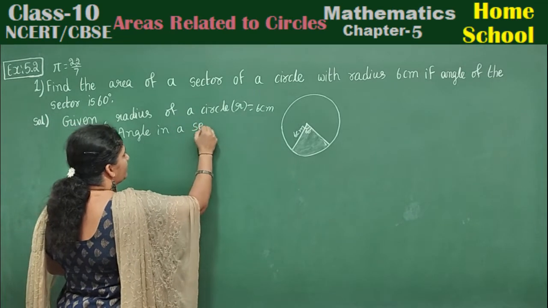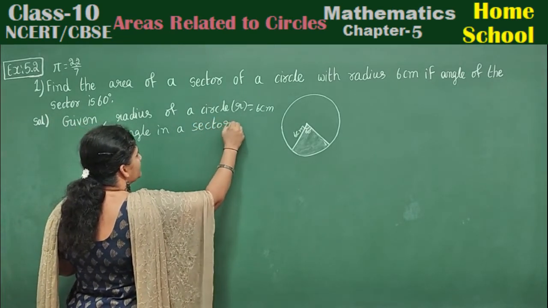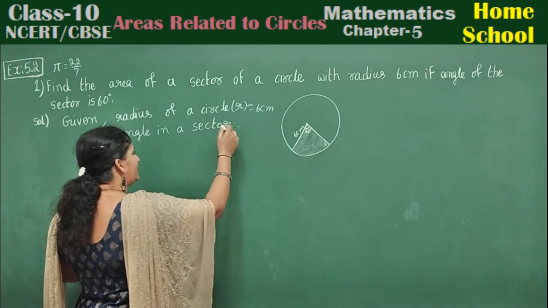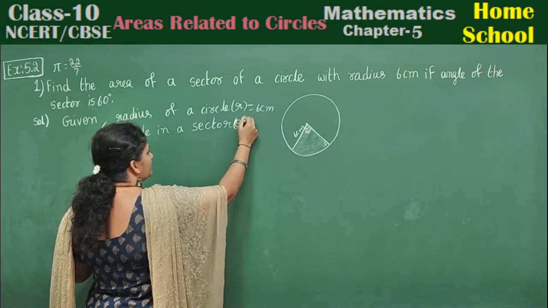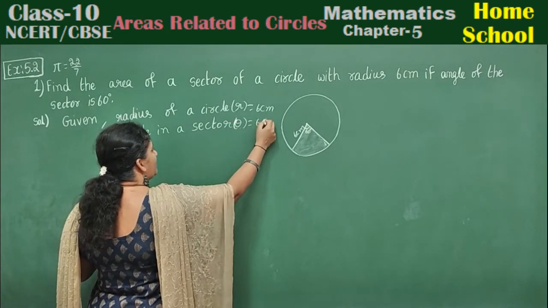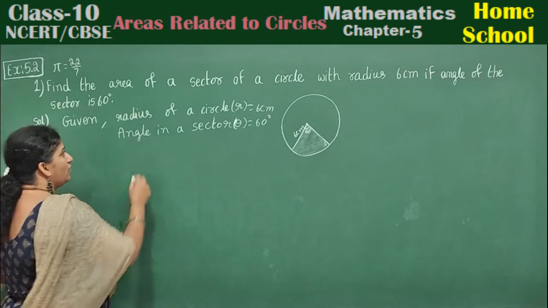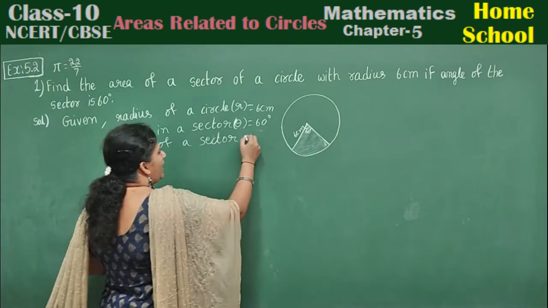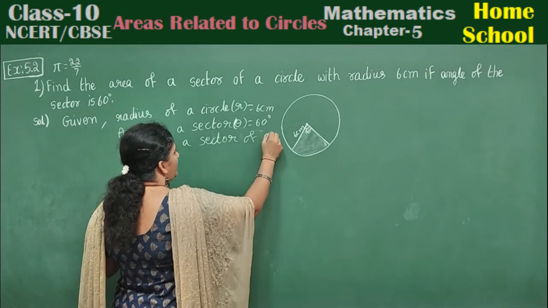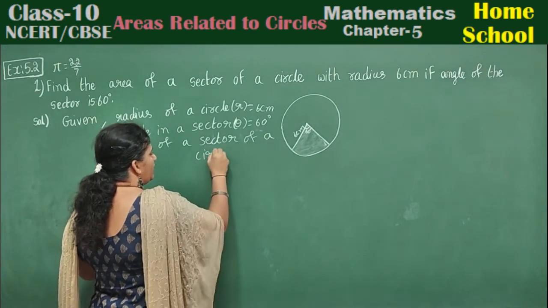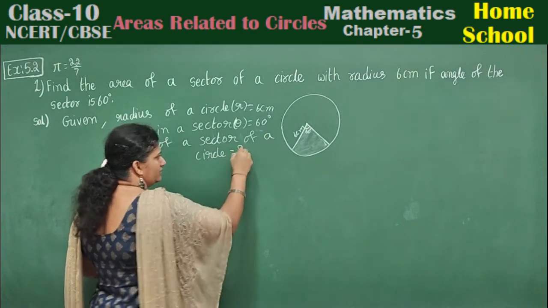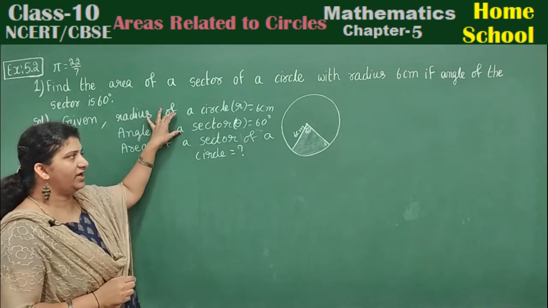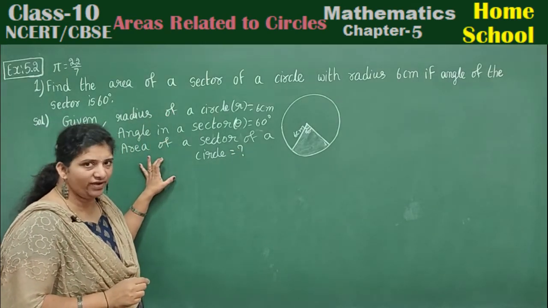Angle in a sector of a circle, you can write it as theta. That theta value will be 60 degrees. What we need to find? We need to calculate the area of the sector of a circle is equal to question mark. Okay, this is the given data and this is the one you need to find out.